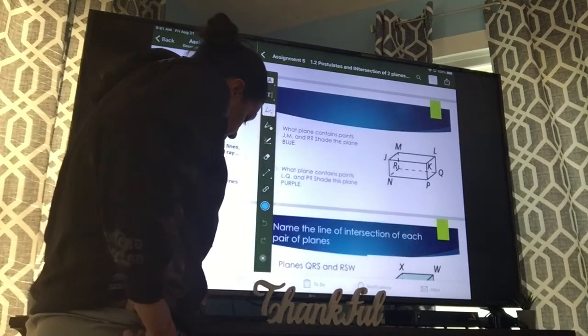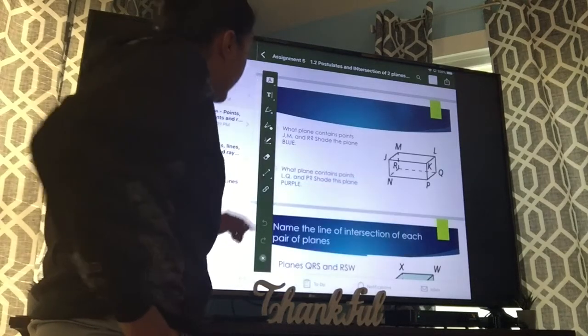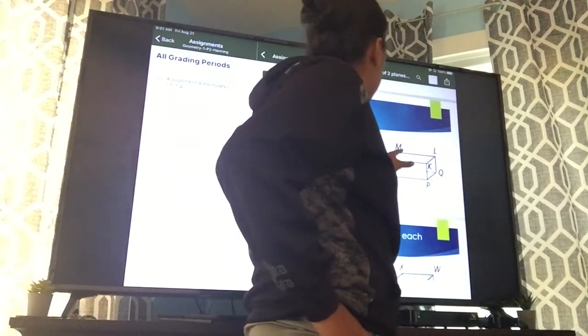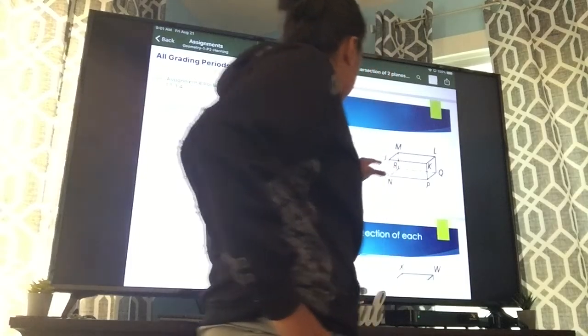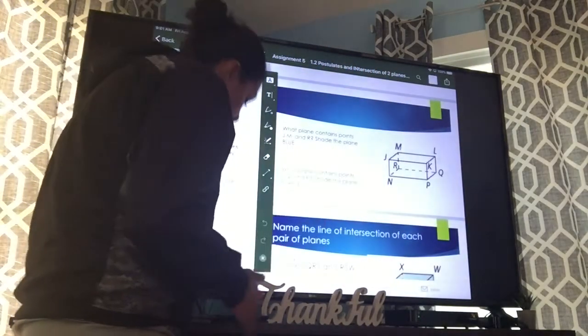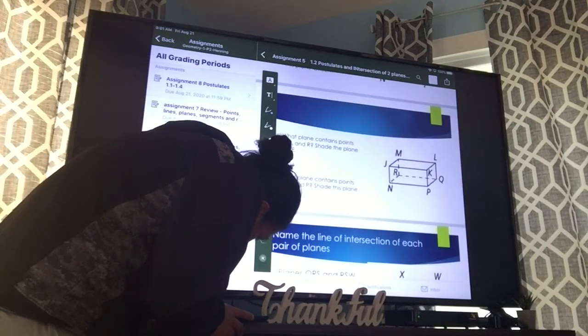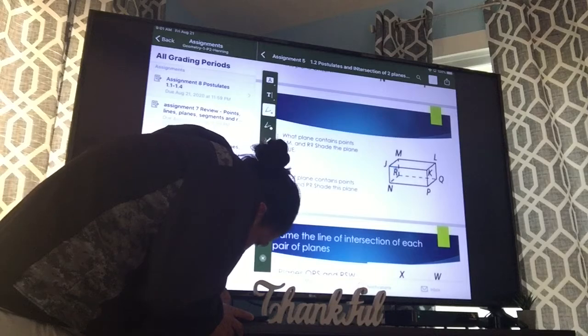Okay, and we're going to shade it blue. So J, M, and R: we get J, M, and our R is down here, so it's going to be the side of the plane. It's going to be this whole corner side.